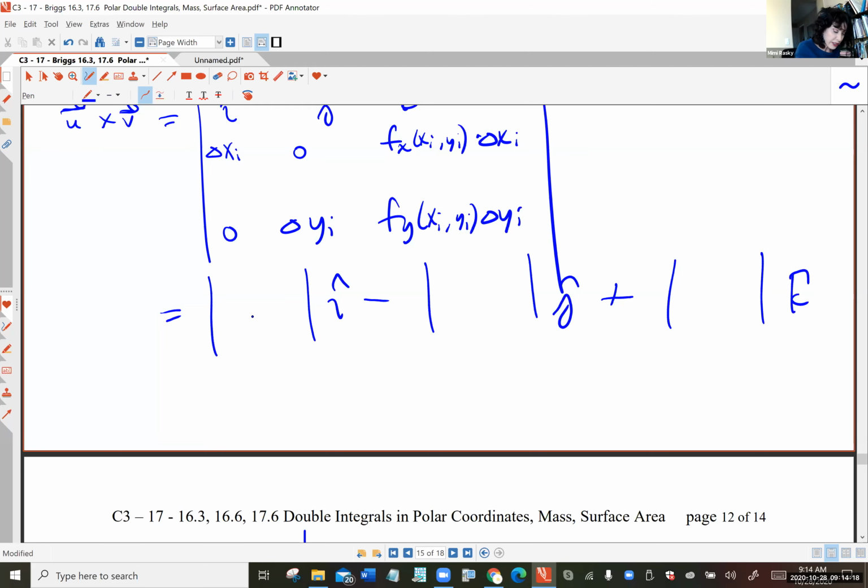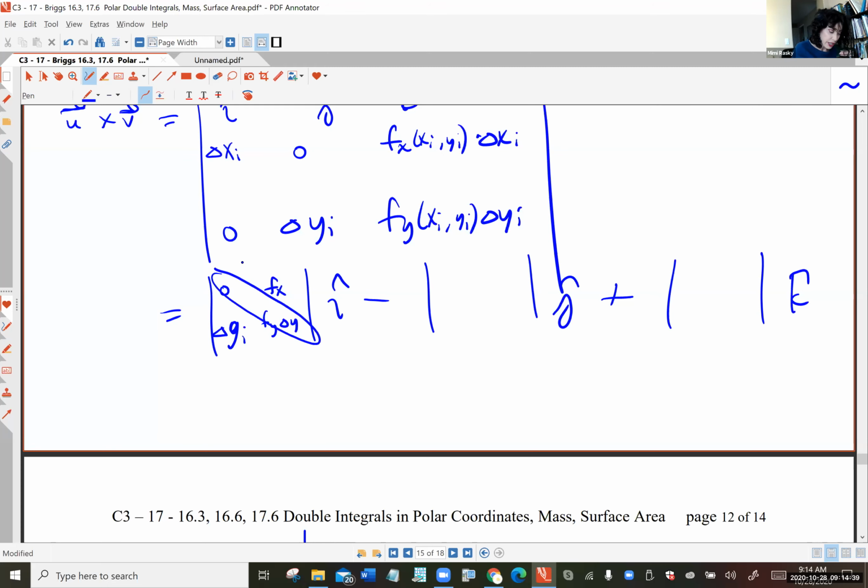And what you'll notice is, and I'm just going to be a little bit cavalier with the notation, if you block out the row and column that i hat lives in, you're going to get 0, fx delta x, fy delta y.